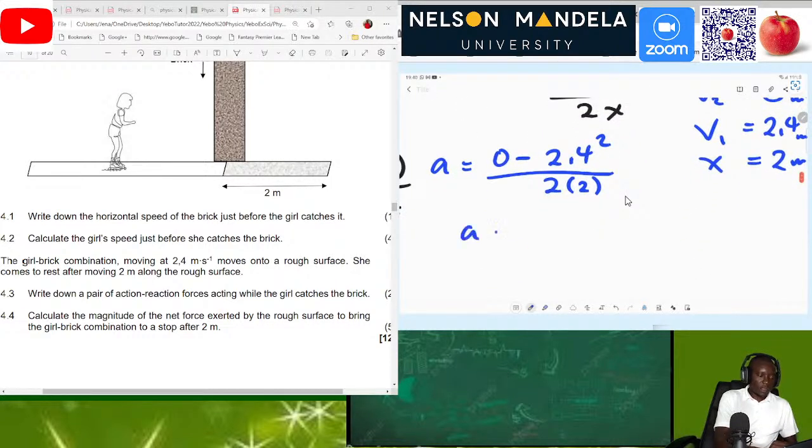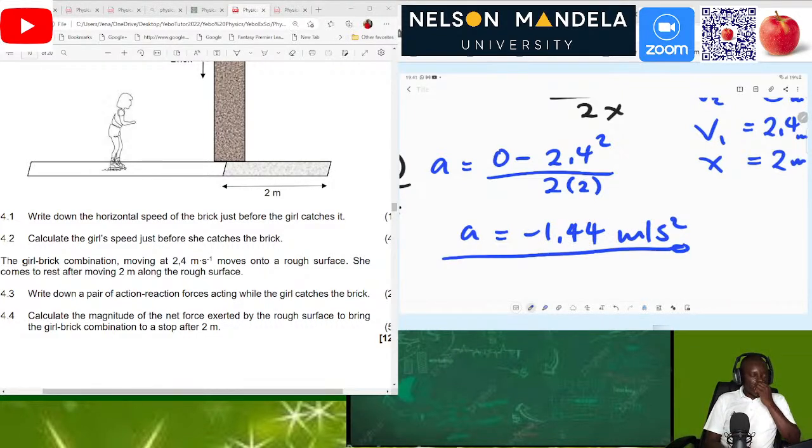And that acceleration is negative 2.4 squared divided by 4. Minus 1.44 meters per second squared. So it means this is the deceleration. This acceleration is in the direction opposite to the motion of the girl. It means the girl decelerates, and that is true because the girl and the brake both come to rest.